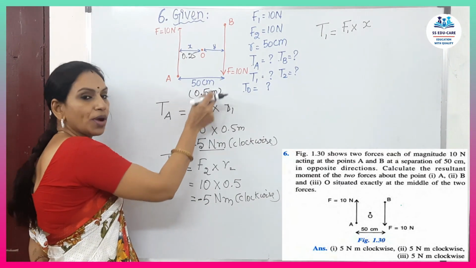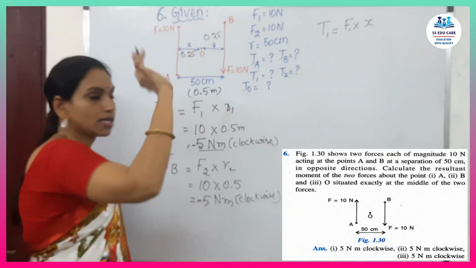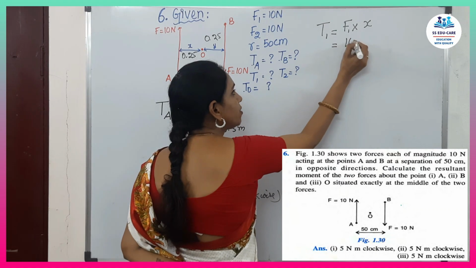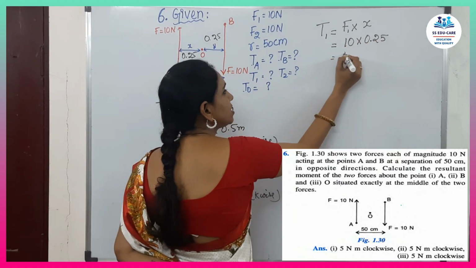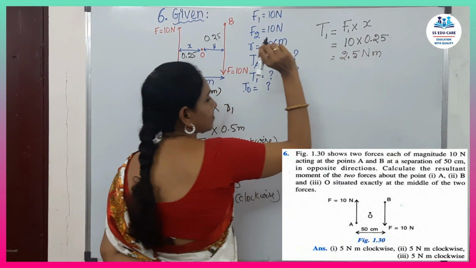And what is the y distance? This is also 0.25 meters. So τ1 is equal to F1 into x, that is equal to 10 into 0.25. So this is 2.5 Newton meter.